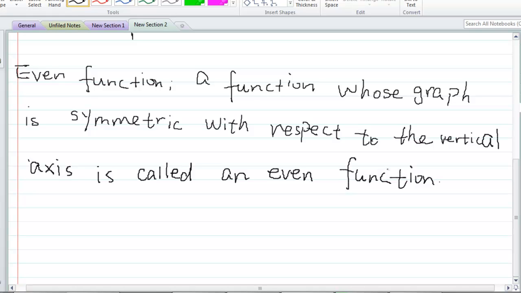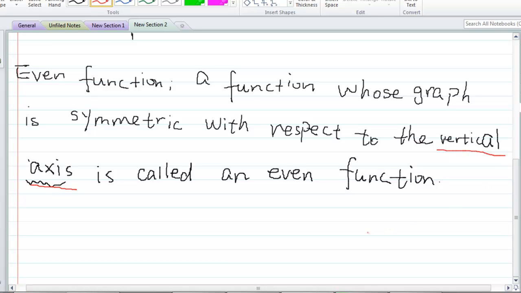For an odd function, basically it's the same definition. It's called a function whose graph is symmetric with respect to the origin instead of the vertical axis. So only this part changes. I would use a different color here.